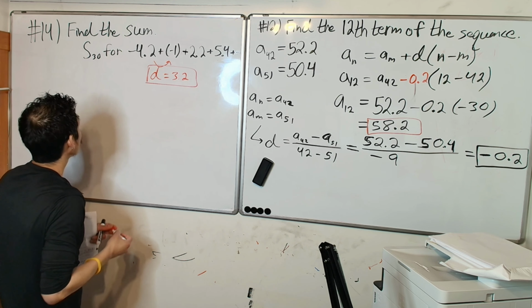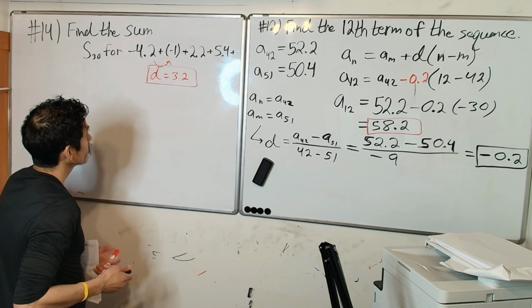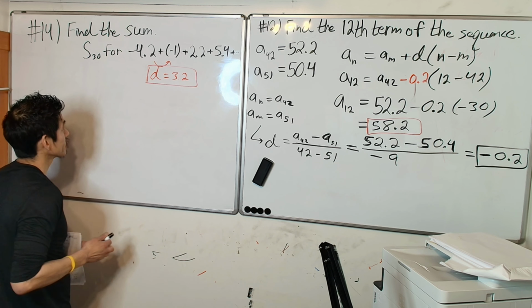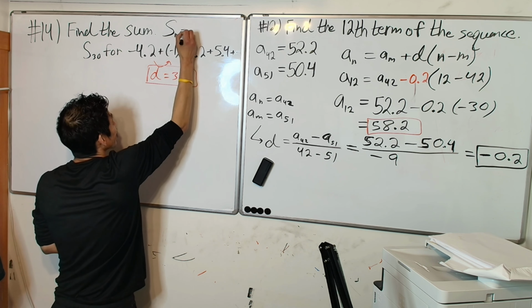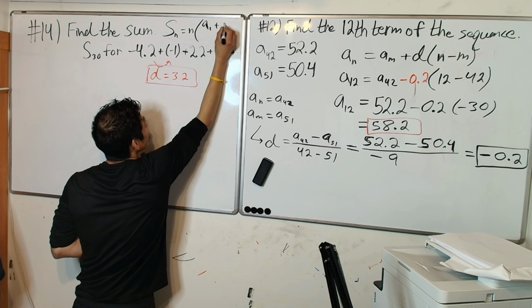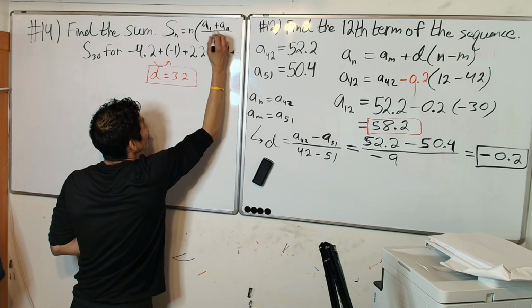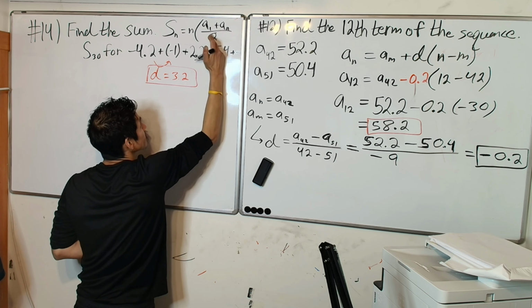And if we're trying to find S30, we use this good old formula. So let me write it up here. Sn equals n times a1 plus an over 2.